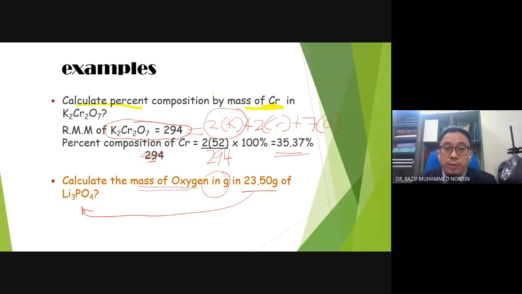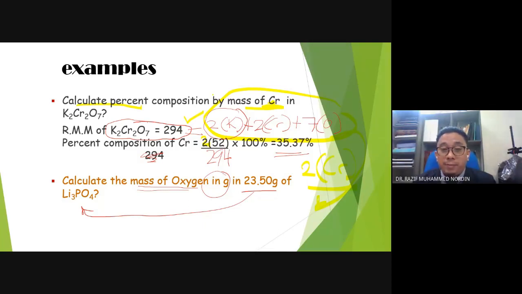Okay, chromium saja dia nak tengok. Dia minat hanya chromium. You dah manage to calculate relative molecular mass of potassium chromate secara keseluruhan dia. So di sini dua ni adalah 2 Cr divided with semua yang ni lah, times 100.